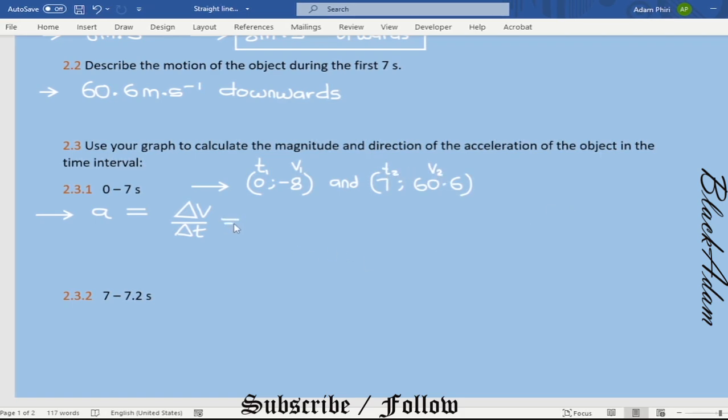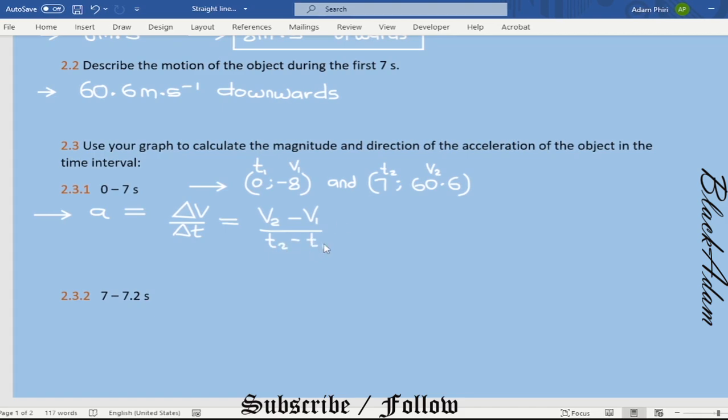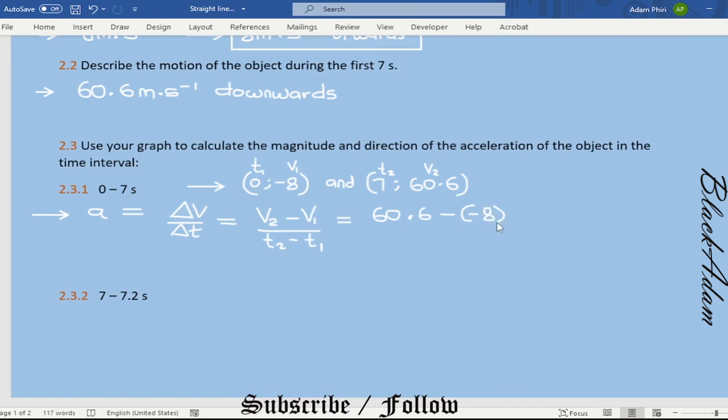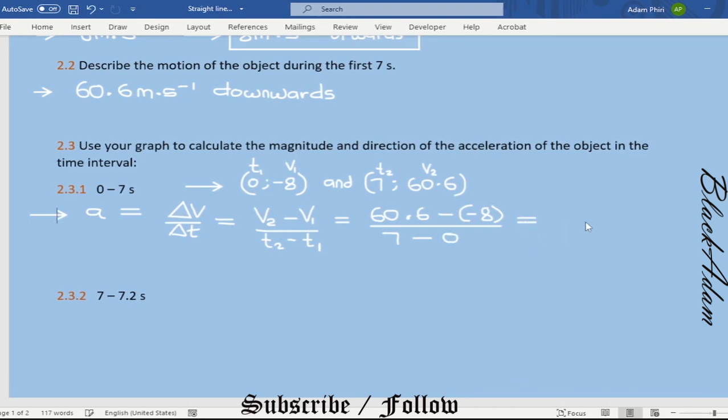So acceleration is change in velocity, which is V2 minus V1, over change in time, which is T2 minus T1. V2 is 60.6, V1 is negative 8, and T2 is 7 and T1 is 0.